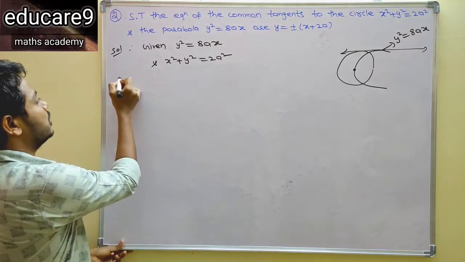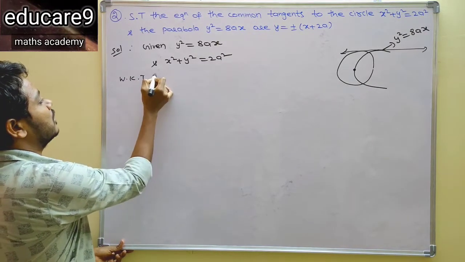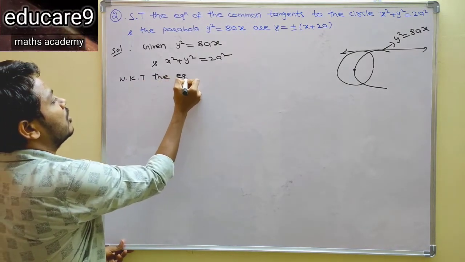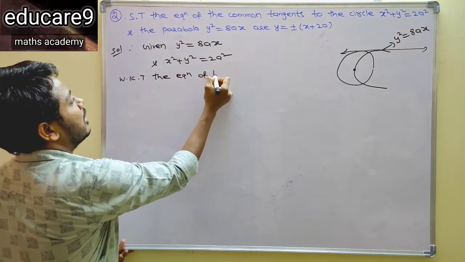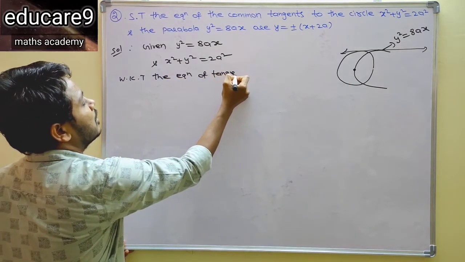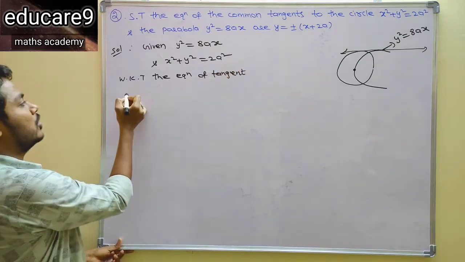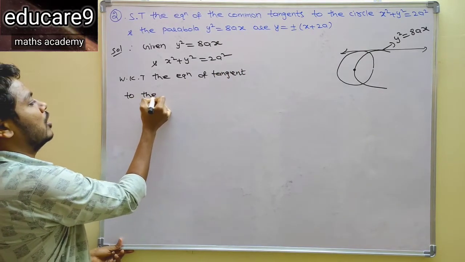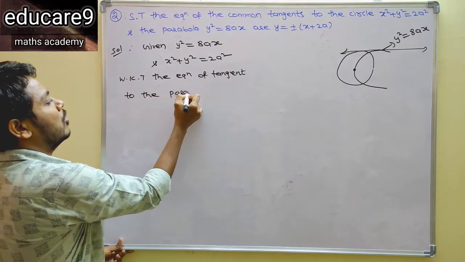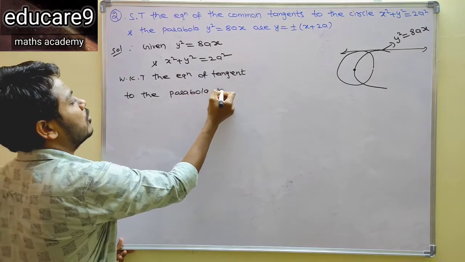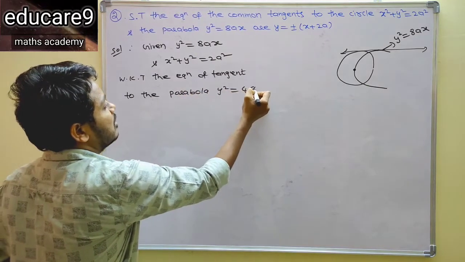Now you know that the equation of tangent to the parabola y square is equal to 4ax.